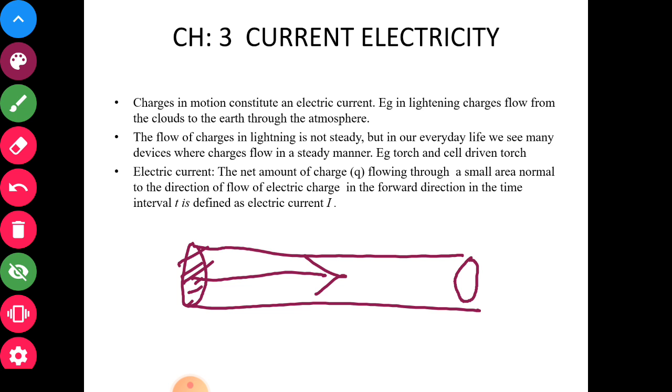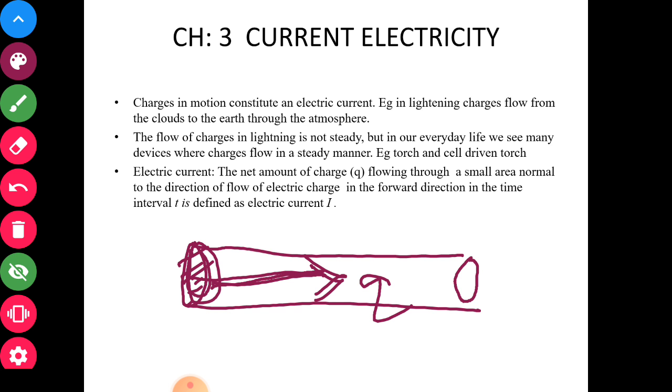Say the amount of charge flowing is Q, flowing through this small cross sectional area normal to the flow of electric charge.